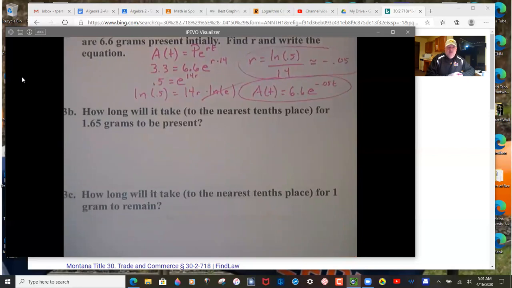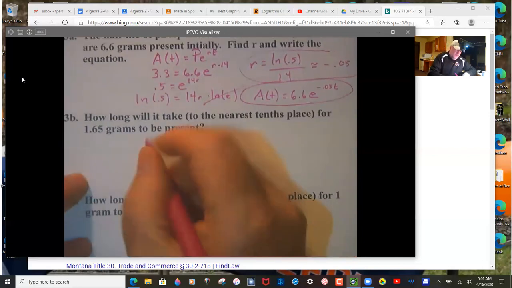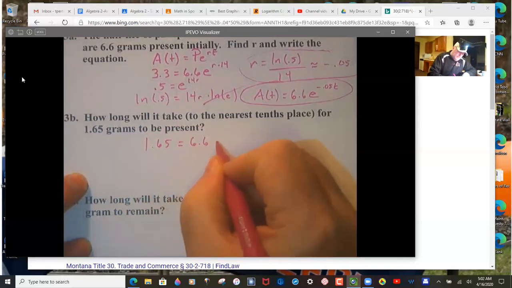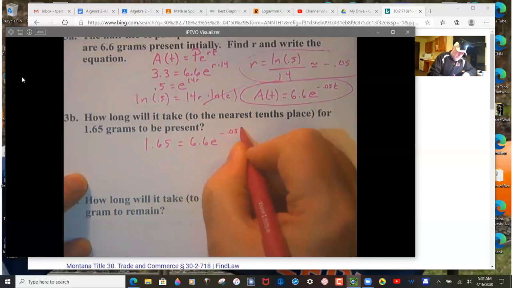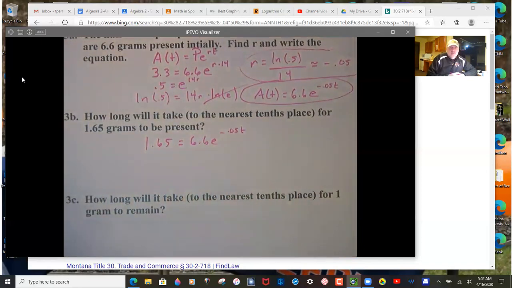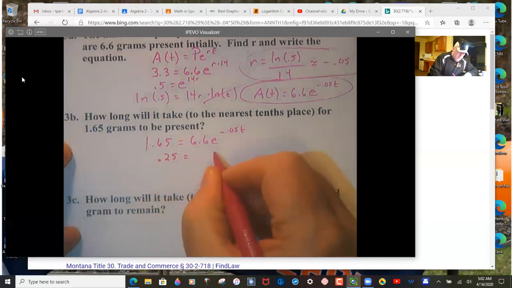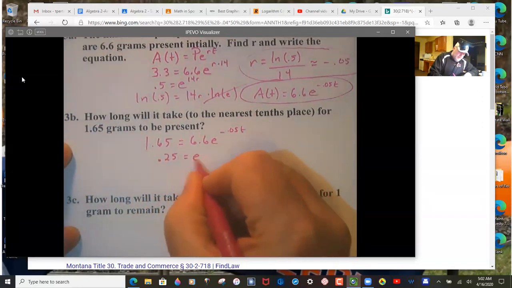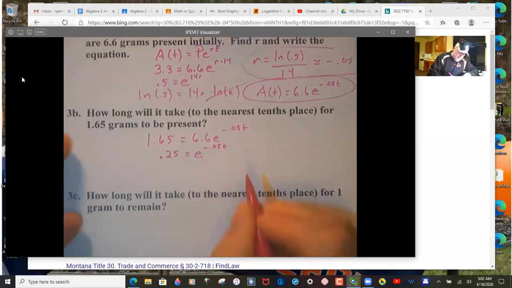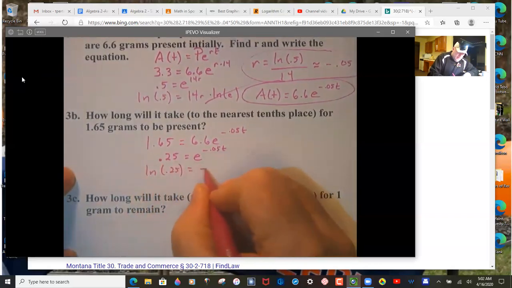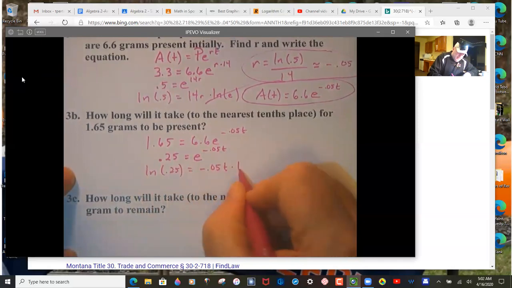So how long will it take for 1.65 grams to be present? Same idea, we're going to divide out. That's 0.25 equals e to the negative 0.05t. Now to get at t, we need to do ln on both sides, and that exponent comes down.